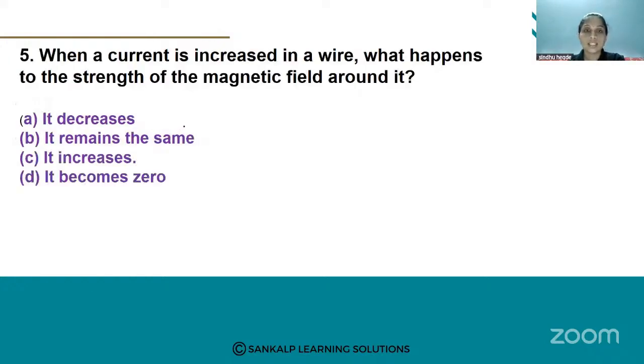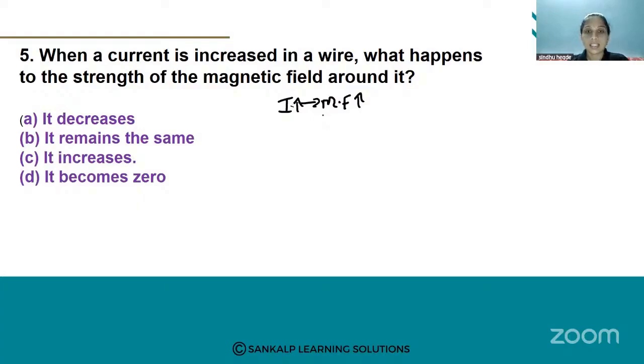Next, fifth one. When a current is increased in a wire, what happens to the strength of the magnetic field around it? Here they ask the question related to current and magnetic field strength. We know that if the conductor is in any shape, when the current is increased in the circuit, the magnetic field is also increased, right?